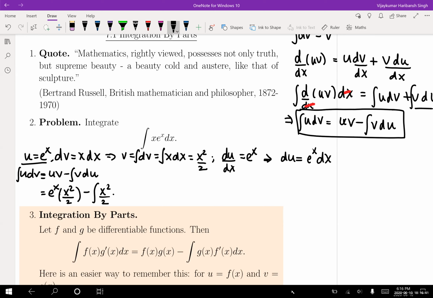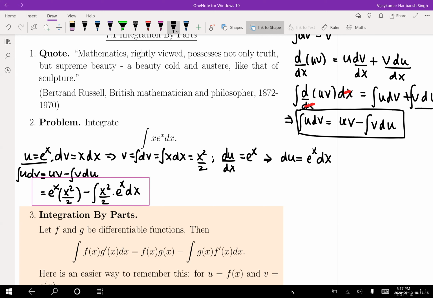So you get the following after integrating. You started with x e to the x dx and you ended up with this. Instead of becoming simpler, it became more complicated because the power became x squared. So clearly this choice of u did not work.